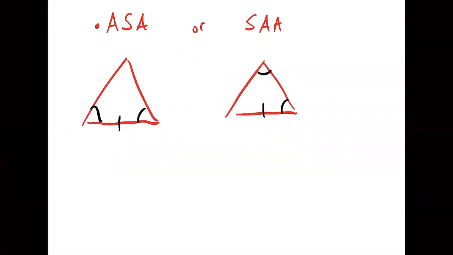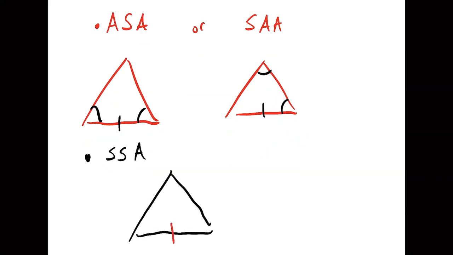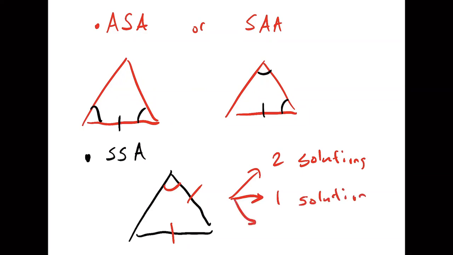Moving on to the next case that we looked at, this was side-side-angle. This case was a little bit tricky, because what we saw was that given a side and an angle, there were three possible outcomes. It either had two solutions, one solution, or zero solutions.